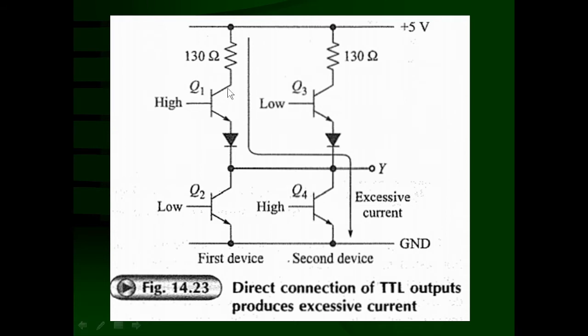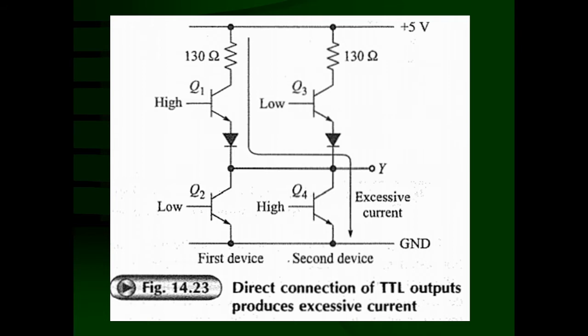Now, when the current is flowing in this way, only 130 ohms resistance is in between the power supply positive and ground, and hence excessive current will be drained from the power supply, which will damage one of these transistors. Either Q1 is damaged or Q4 is damaged, or both can be damaged, and hence one or both of the TTL devices can be destroyed.